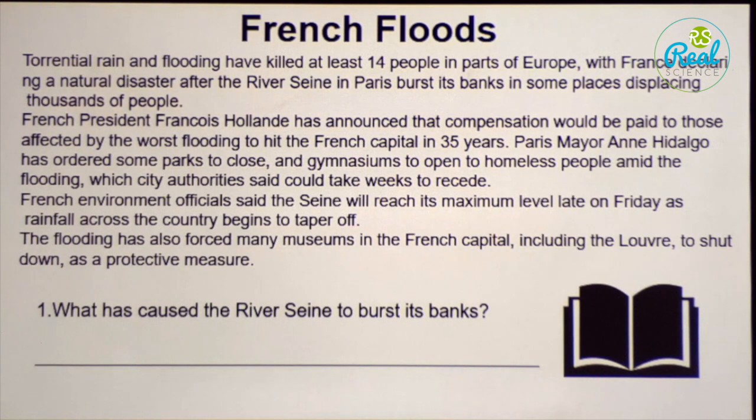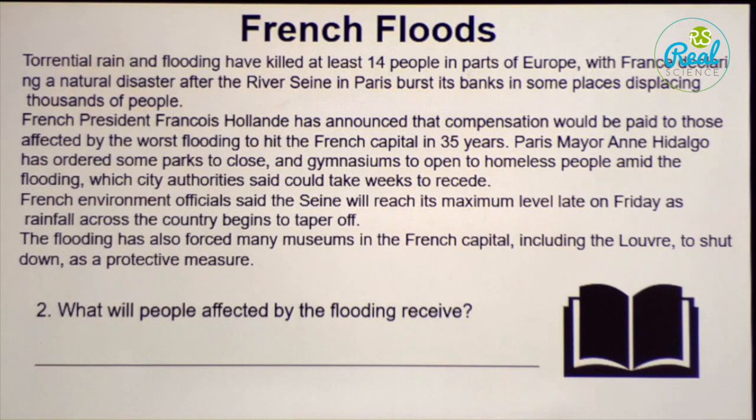There was an accident and lots of people were displaced from the place. It's a natural disaster. The torrential rain and flooding, all in one word, it's a natural disaster. This is the answer that she put here.